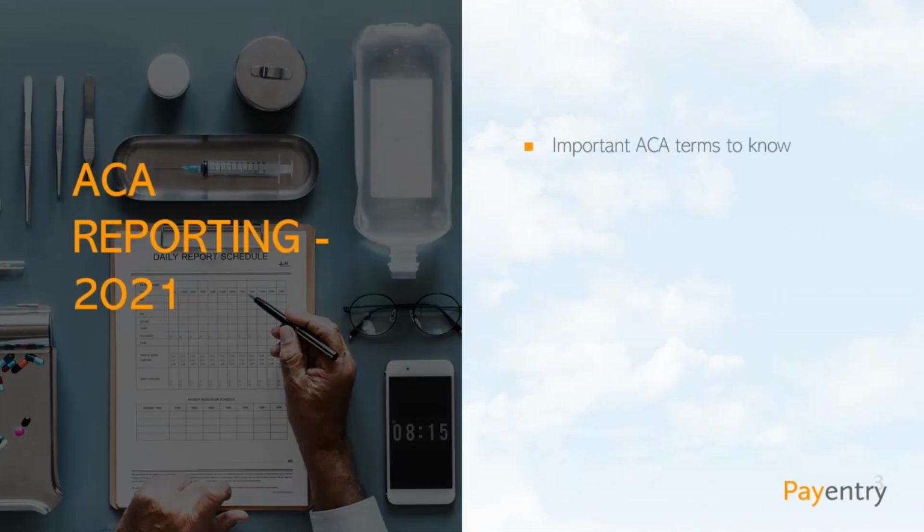Okay, let's talk about some of the things that we are going to cover today. I'm going to cover how you do this in Payentry, but I also want to get started and let you know a few things about ACA that are important. One are the terms. Why is using the correct codes important? We're going to go over the codes here. There are some new codes in 2021.